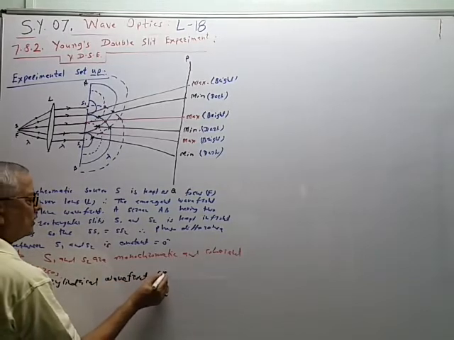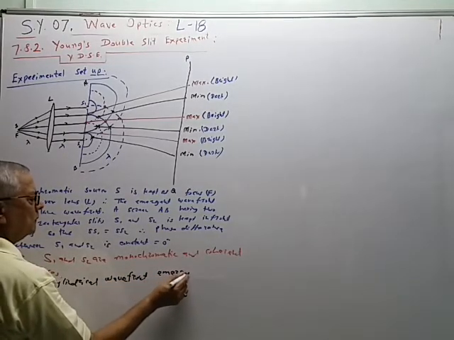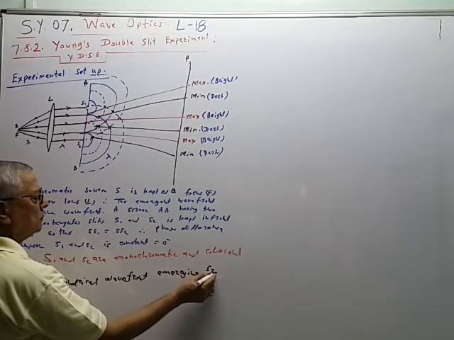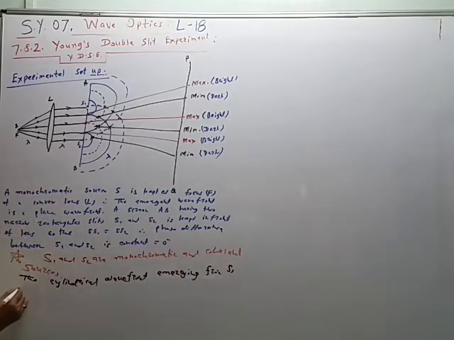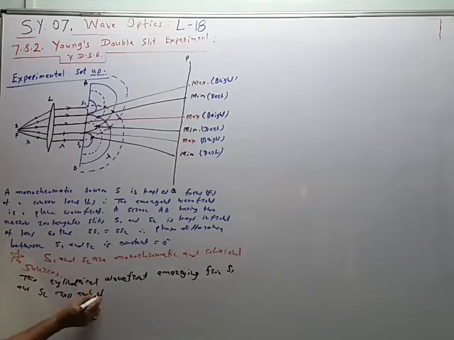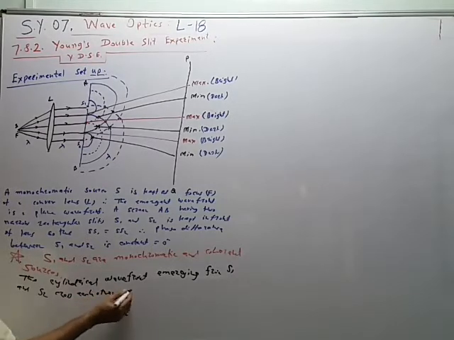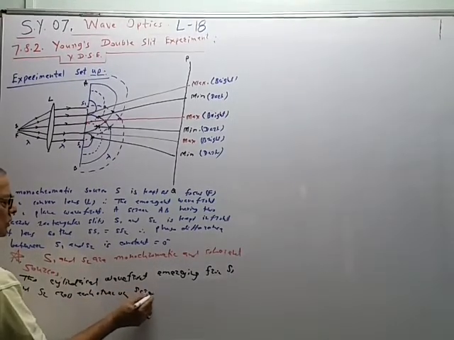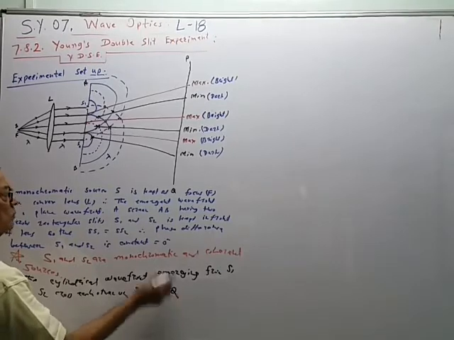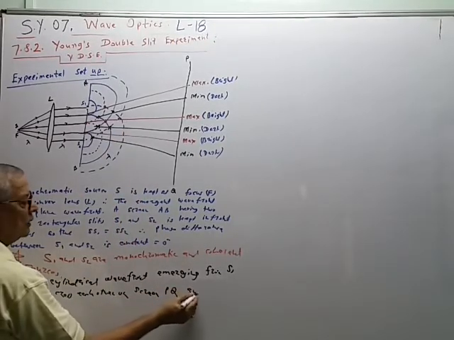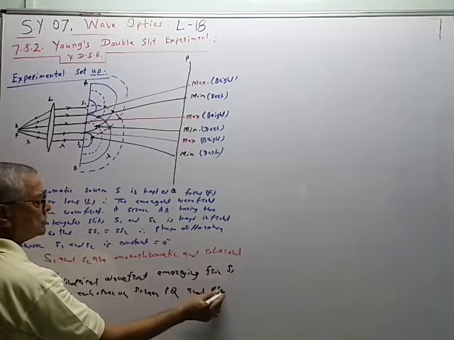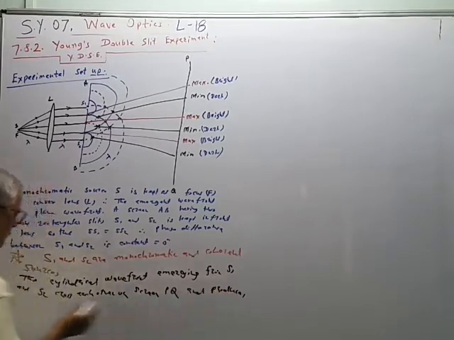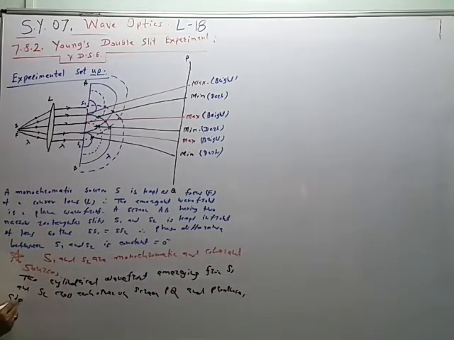The cylindrical wavefronts emerging from S1 and S2 cross each other on the screen PQ and produce a steady interference pattern.